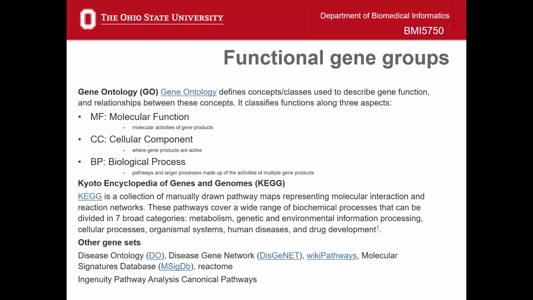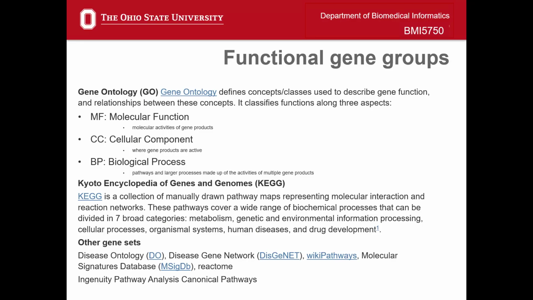One of these databases is called Gene Ontology or GO terms, and they group genes based on function, relationships, classes, and concepts into these three main groups: molecular function or molecular activities, cellular component or where the genes are active, biological process, which is more biologically minded and what is happening in a wider sense. Now, people talk a lot about pathway analysis, and I would say gene ontology terms are not pathways.